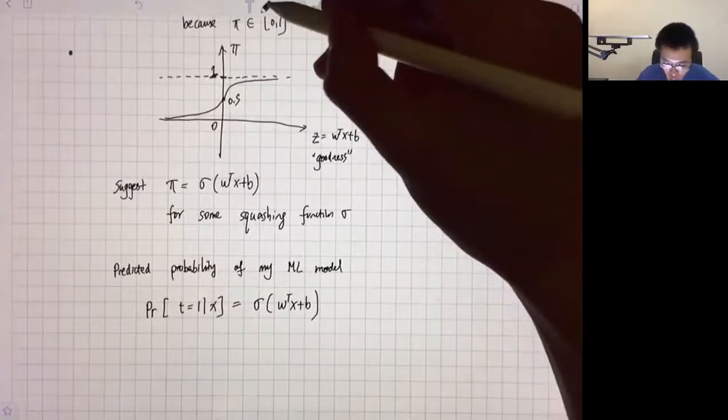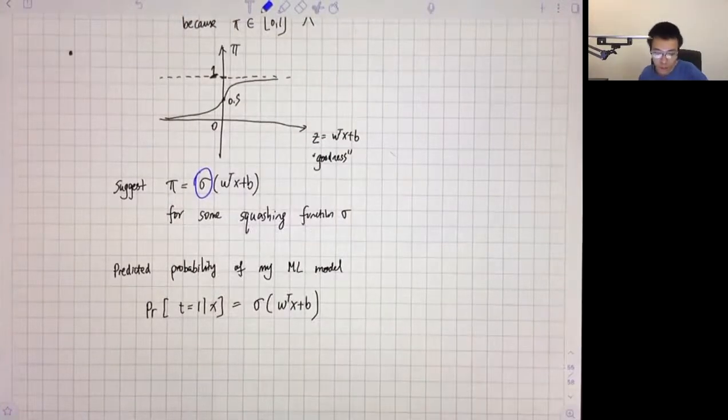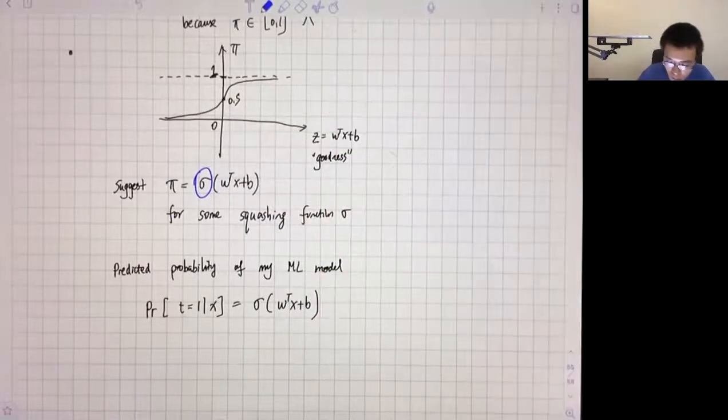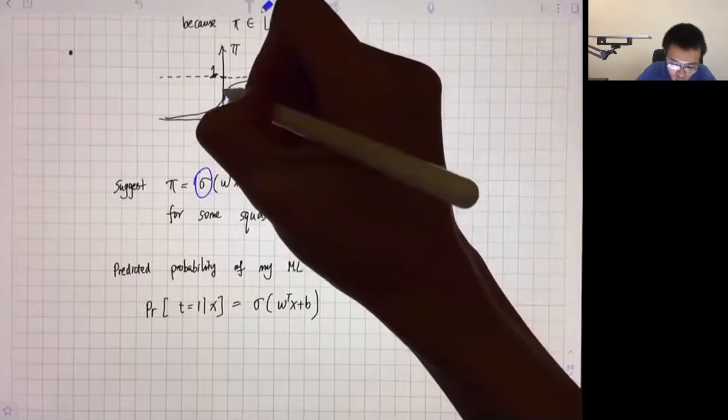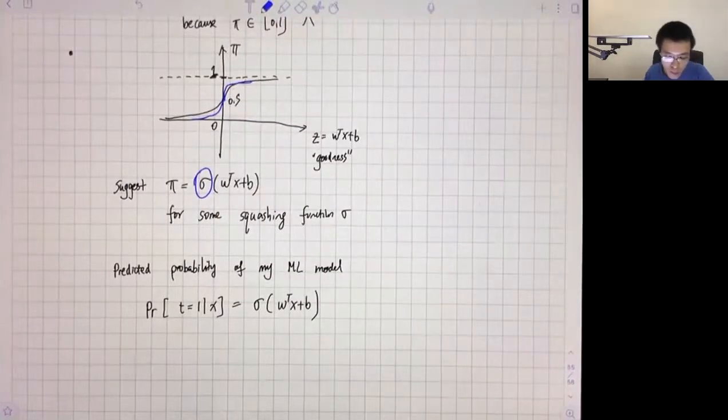So here's one thing that we haven't resolved. What is this squashing function? What is a good function that gives us this shape, okay? Maybe I squash it a little bit more. And the blue curve may not be just squeezed from the black curve, right?